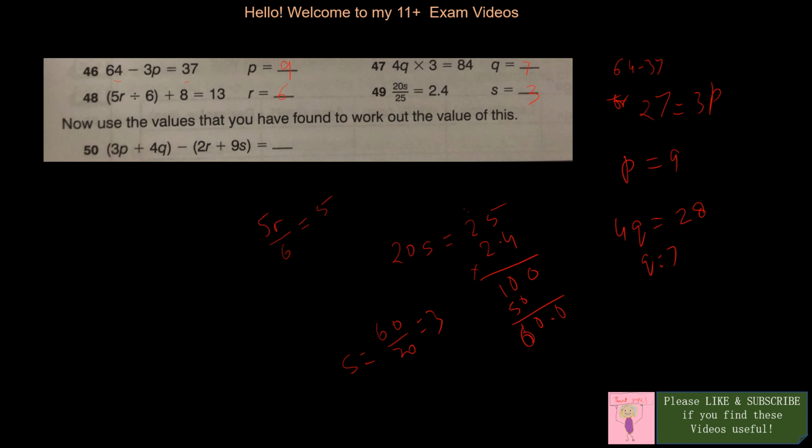So the next one is use these values to calculate this. So let's do it. So it is 3p plus 4q minus 2r. So 3p is 3 times 9 is 27. 4q is 4 times 7 is 28.